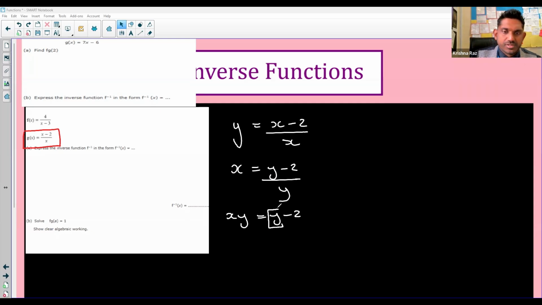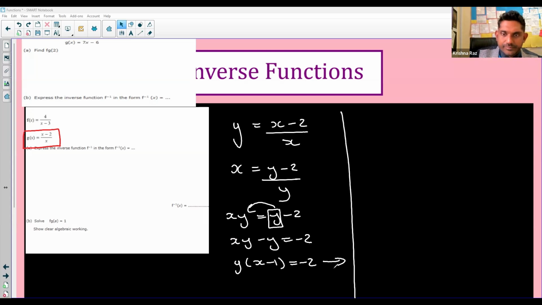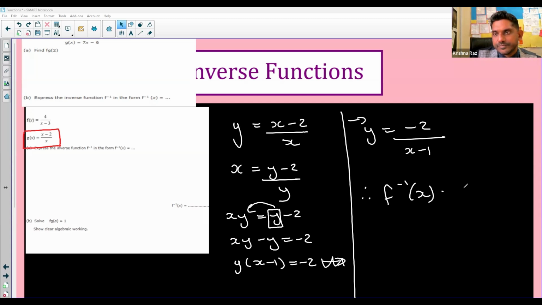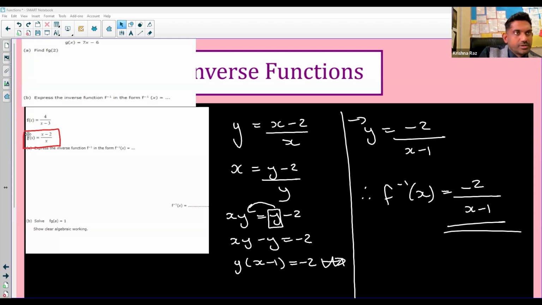Bring this y over here. What do I do now to isolate the y? Excellent. We factorize. And then finally, we get y equals minus 2 over x minus 1. And that is the inverse function. Let's do another one.